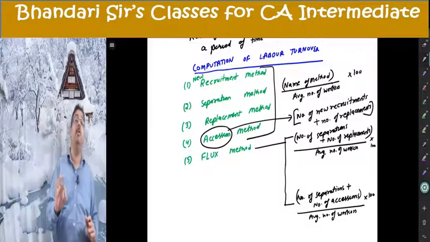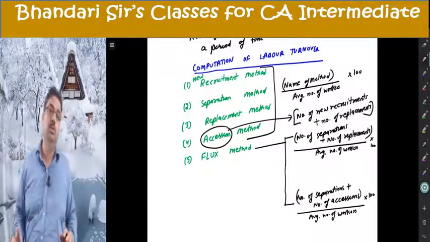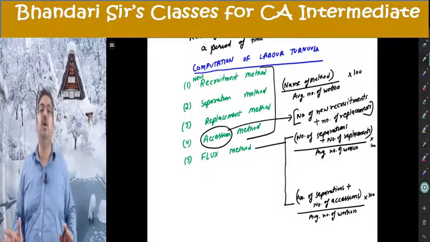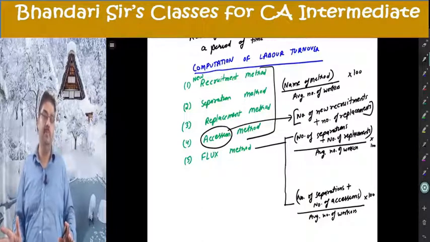Theoretically, causes of labor turnover, theoretically, very important question. You can read through your institute booklet, you will find many reasons there. Avoidable reasons, unavoidable reasons, personal reasons, many things you will find there.